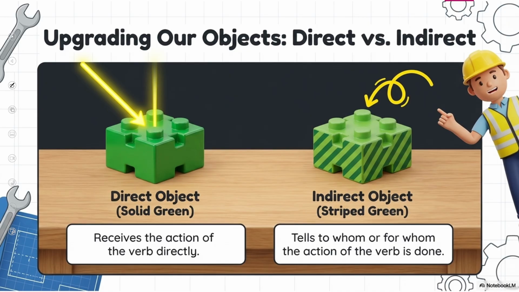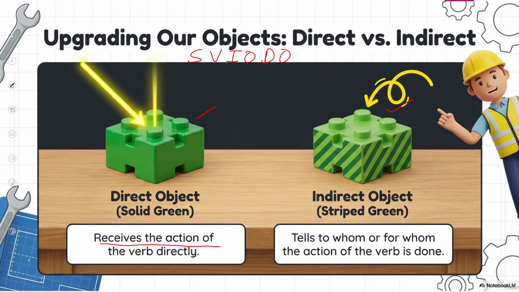Now, we have another pattern which is subject verb indirect object direct object, which is our third pattern. In this, there are two objects, and one is called the direct object and the second is called the indirect object. What is a direct object?